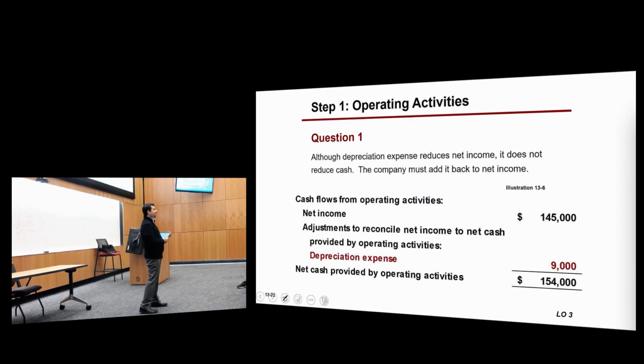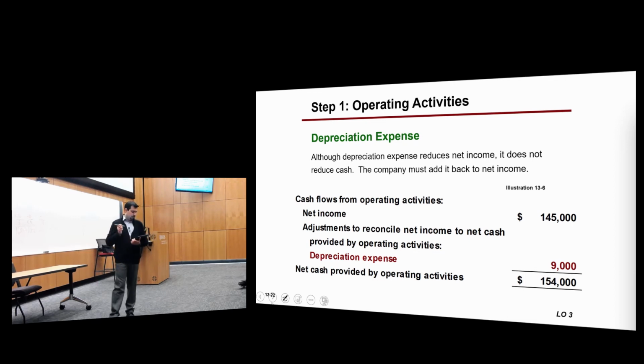So, depreciation expense. Now again we're doing operating activities. Depreciation expense, and by the way, amortization expense and depreciation expense are treated similarly. We know that it has decreased net income, it should not have. So what do you do?